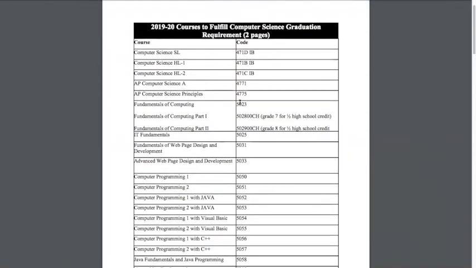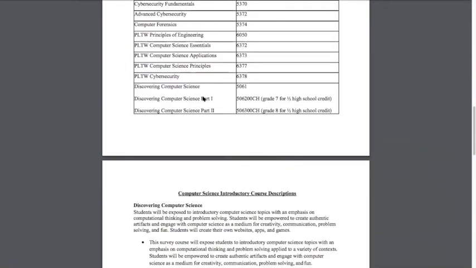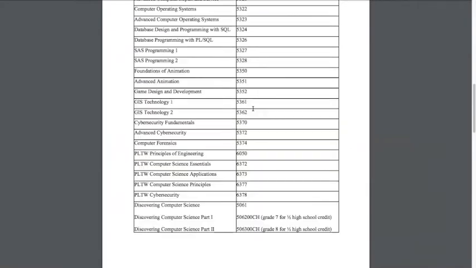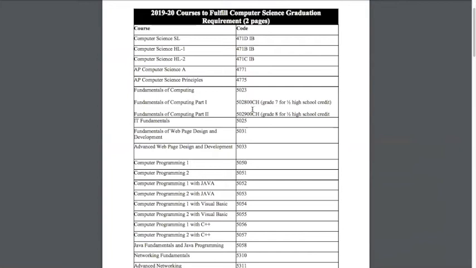A couple of things to note about the computer science list for graduation: there are some new course numbers specifically for fundamentals of computing, as well as for discovering computer science. They both have a 1 unit, 1 credit course number, as well as half credit course numbers to be offered in the middle school if your school district chooses to offer that course there. This list is not that different.